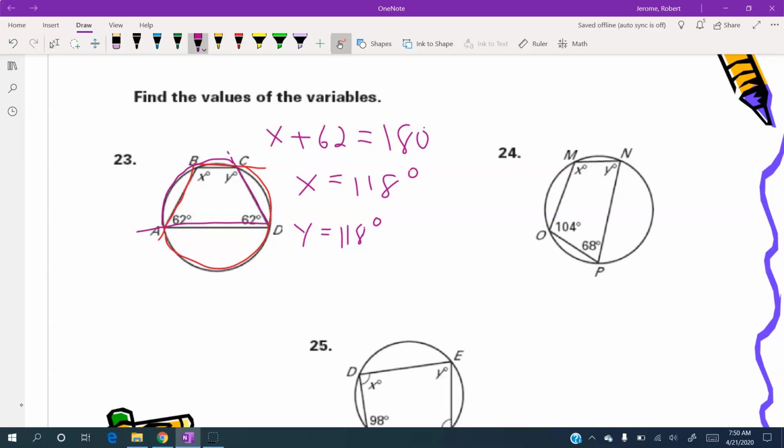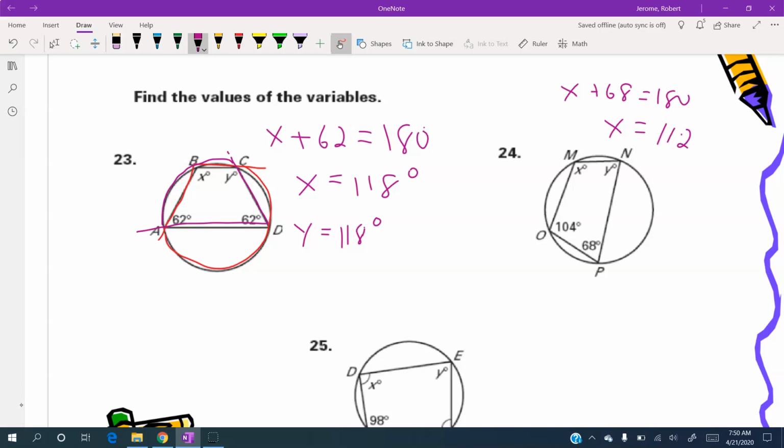We can go ahead and look at number 24. So again, our focus is the angles that are opposite of each other are going to be supplementary. So we have X plus 68 is 180, and that gives us X equals 112.